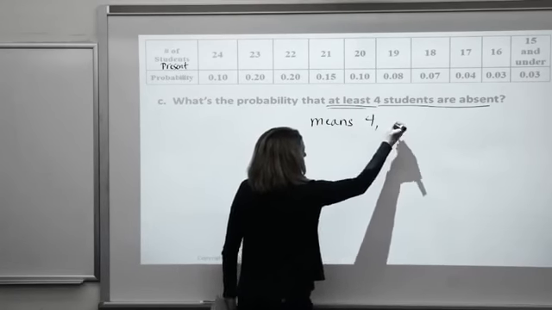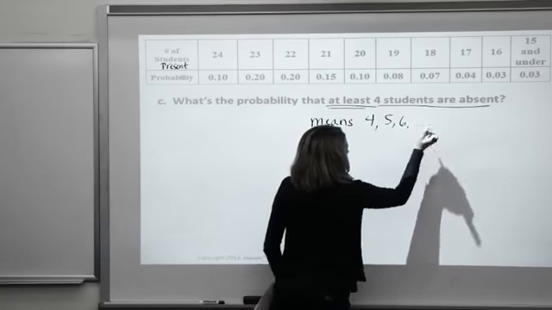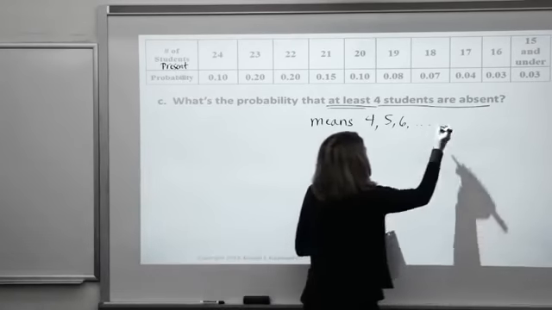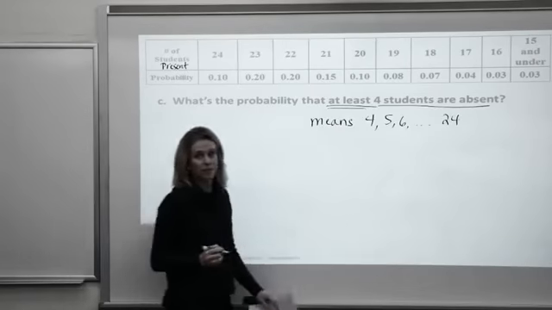So at least 4 absent means it could be 4 are absent, 5 are absent, 6 are absent, all the way up to, heaven forbid, everybody being absent, right?